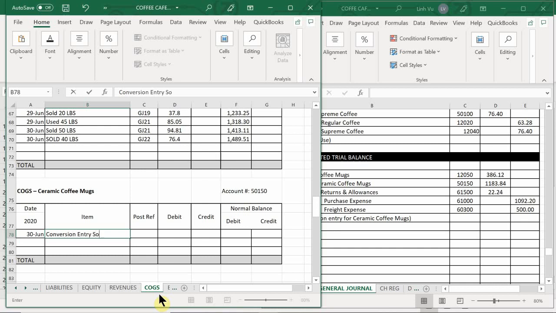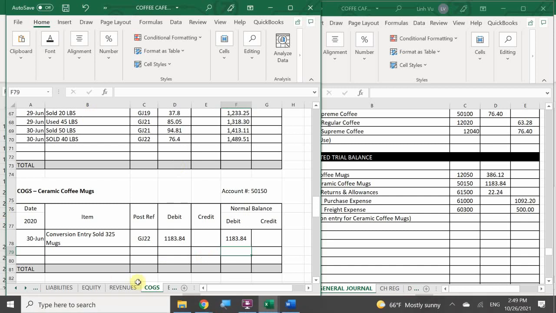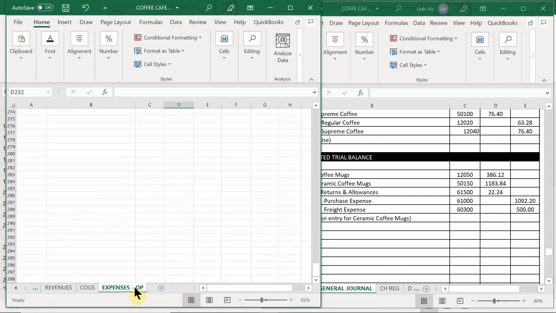And then you could say sold 325 mugs, because that's all we really care about for the cost of goods sold. Okay, post reference, that's 22. Now we have 1,183.84. Then we have to go to our purchase returns and allowances.